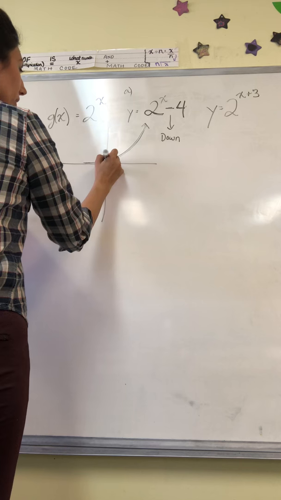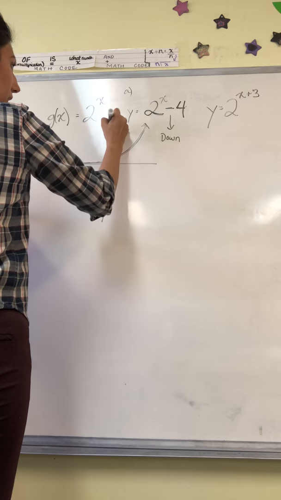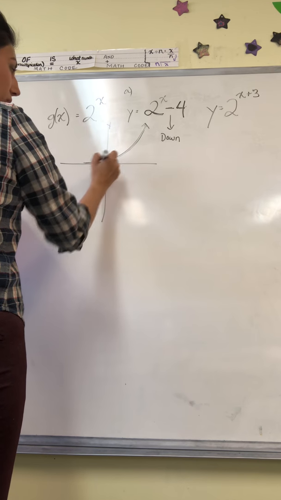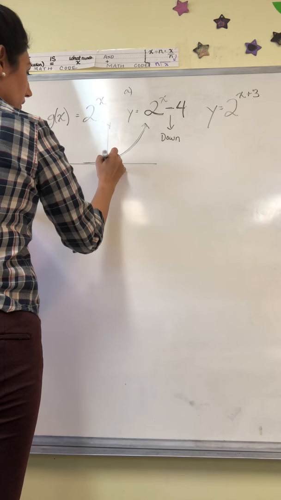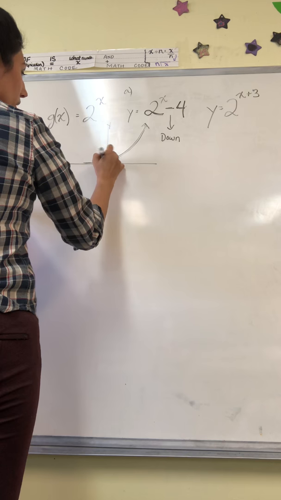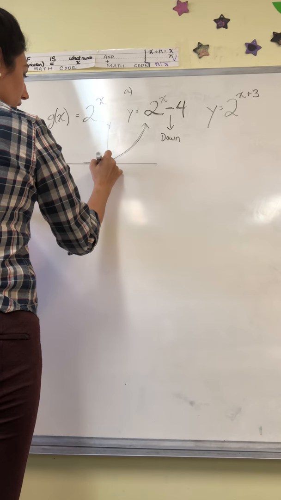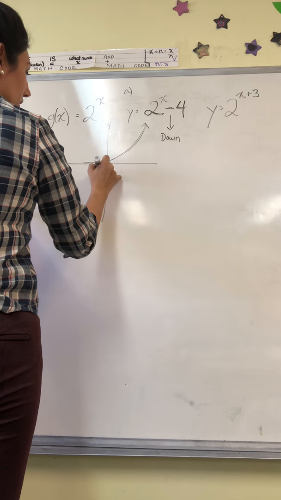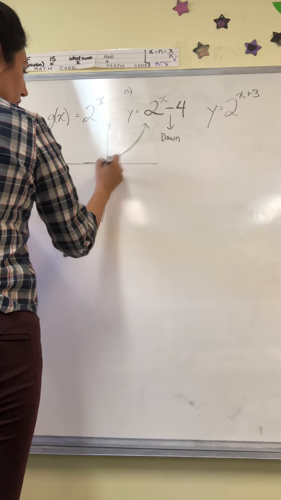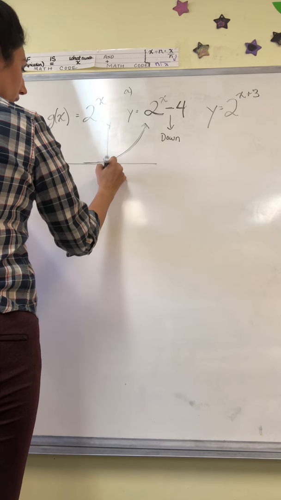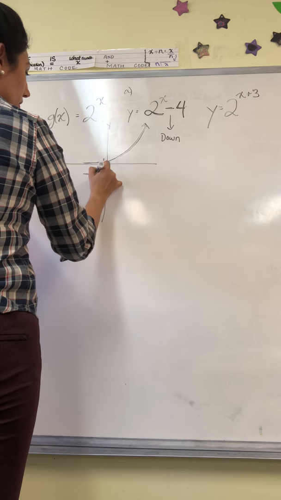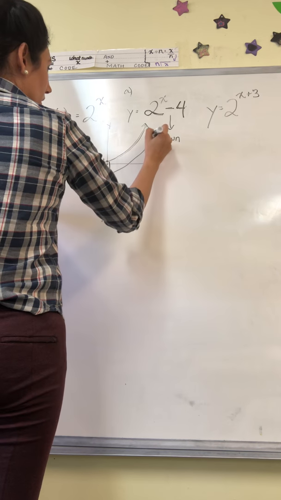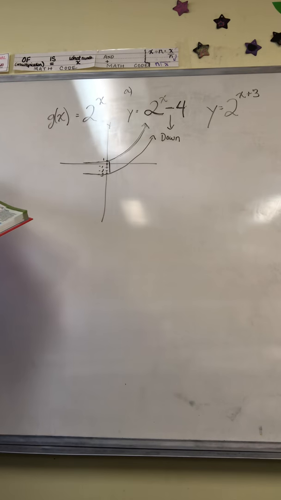So wherever it's crossing that y-axis, the original, it's going to go down 4 points. So if that's 1, this is -1, -2, -3. That's 1, 2, 3. It stops right here. That means this graph is going to look something like that.